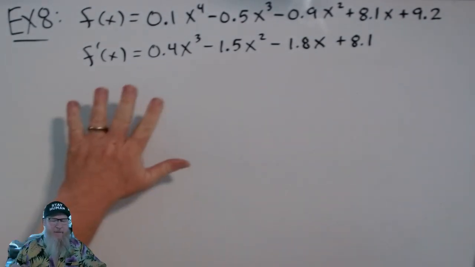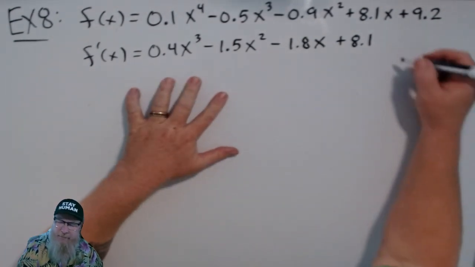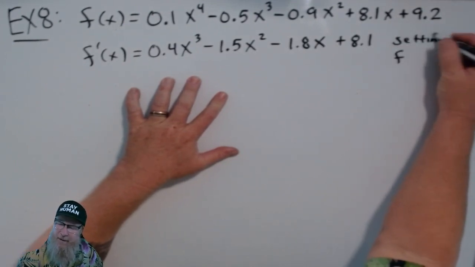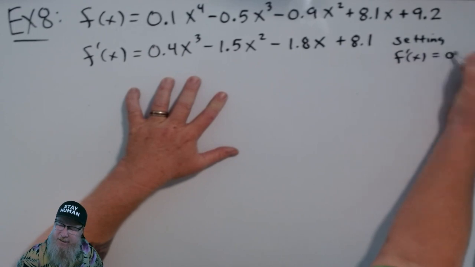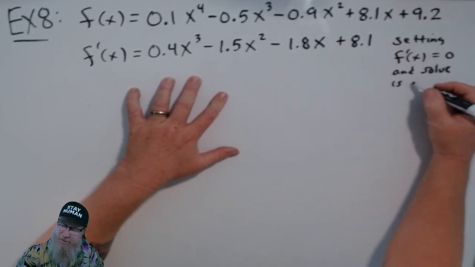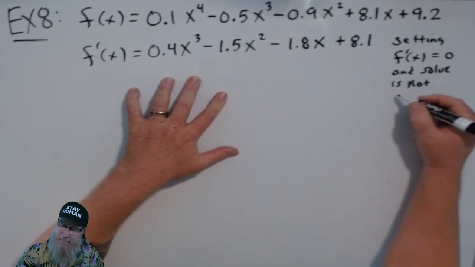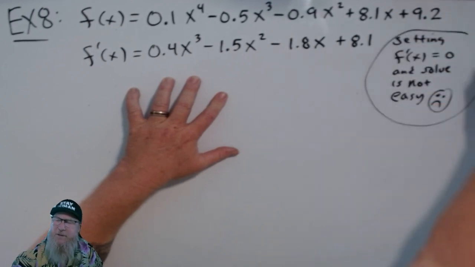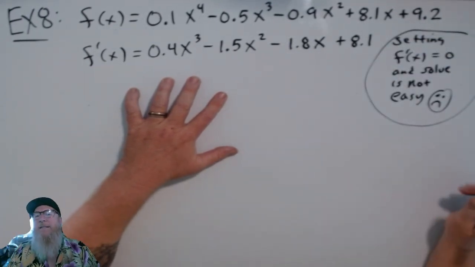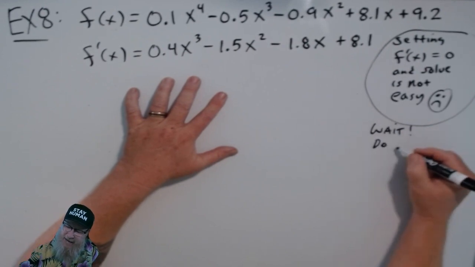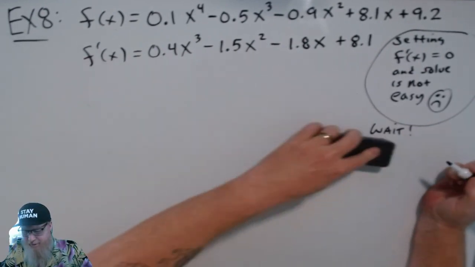All right. Now, this is not an easy problem to solve. So setting f prime of x equal to 0 and solving is difficult. So what we're going to do is wait and do the second derivative first.